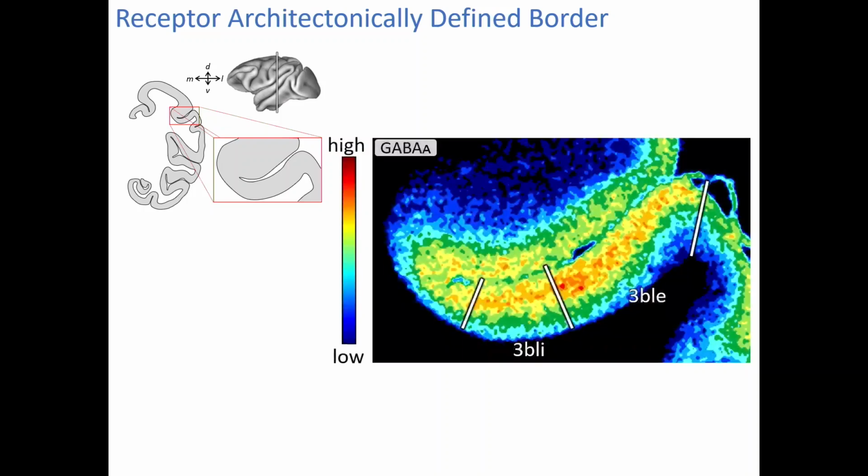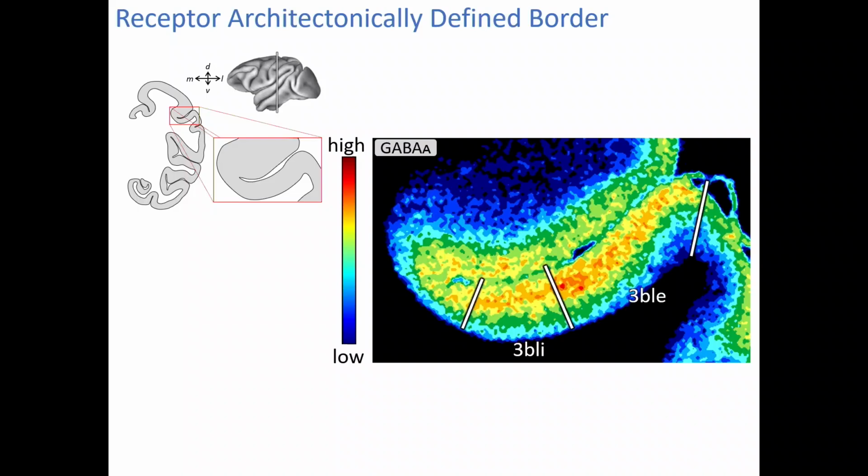Here I show an example of the receptor architectonically defined borders between 2 3BL subdivisions. This colorful picture depicts the GABA-A receptor distribution pattern in a coronal section through the macaque monkey central sulcus, and red codes for high, blue for low receptor densities.